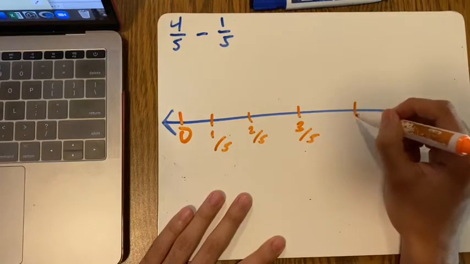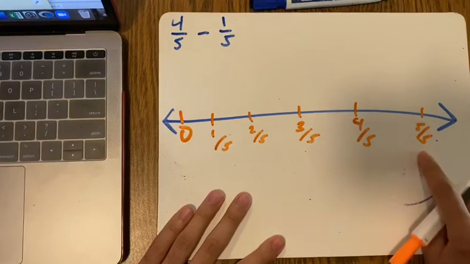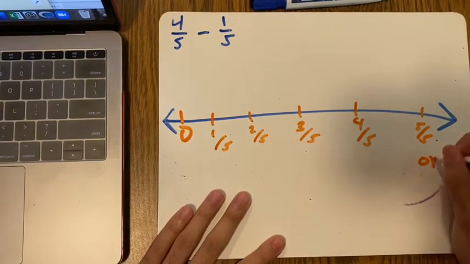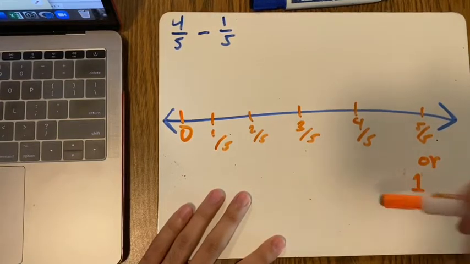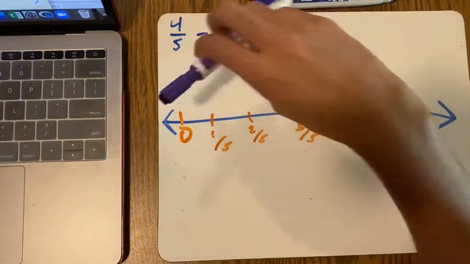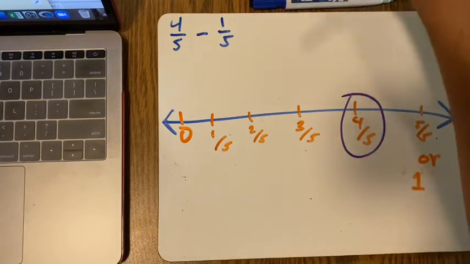3/5. 4/5 and 5/5, or what's another way I can write that? Exactly, 1 whole. Okay? Now, when I'm subtracting, again, I'm going to start off with my first fraction, that is 4 over 5. And then what?